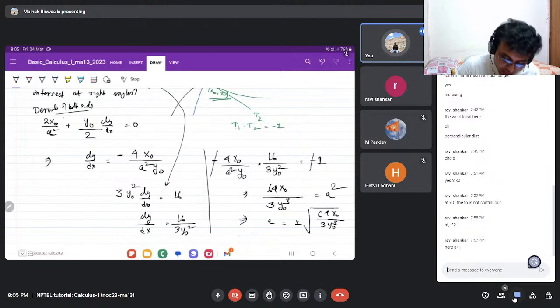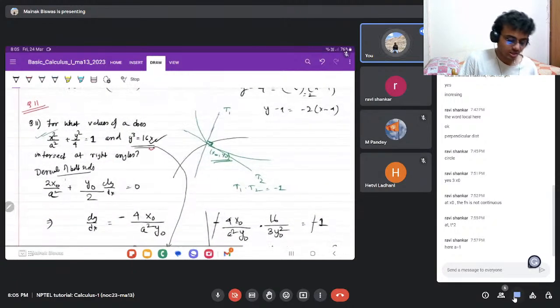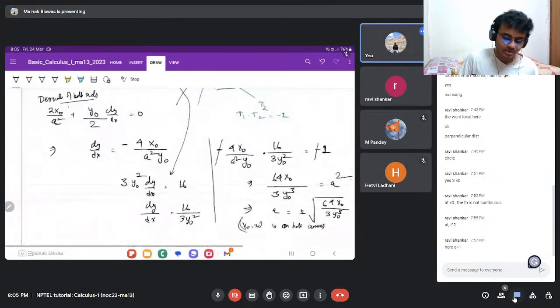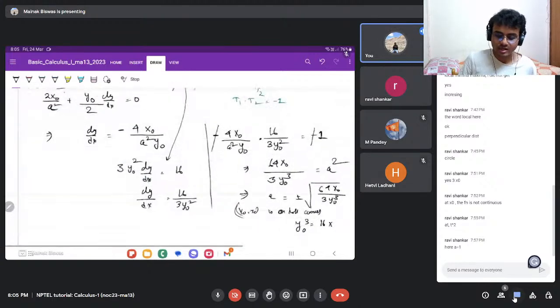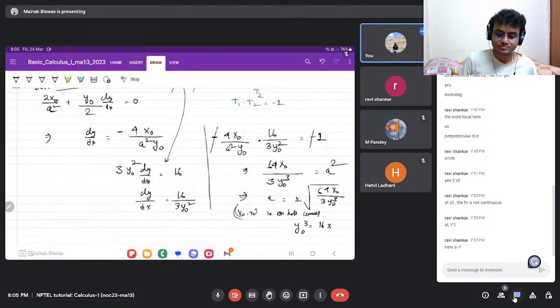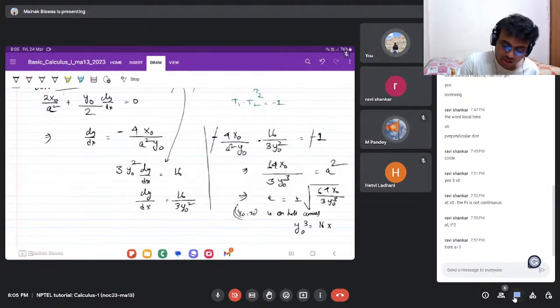Now do you agree that x naught and y naught is on both curves? Right? So this equation must be satisfied, right? y naught cube is equal to 16x, right? Yes, sir. So you see, I will put this, or you can just see that this is nothing but 4, right?